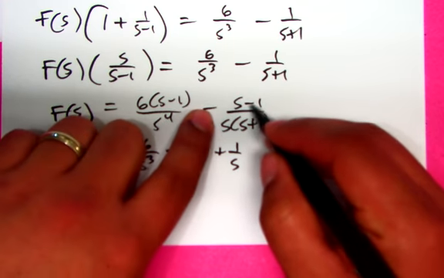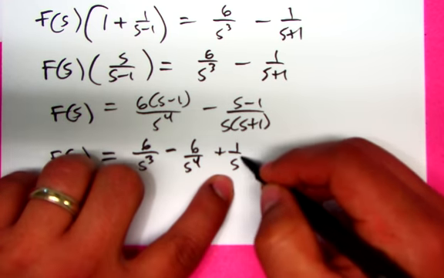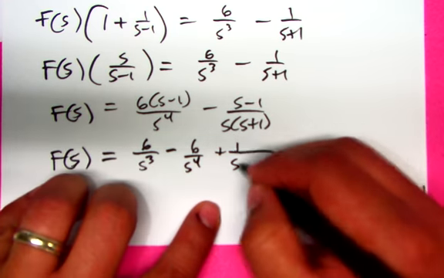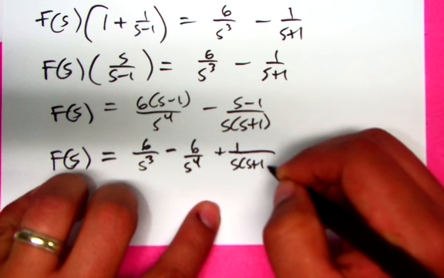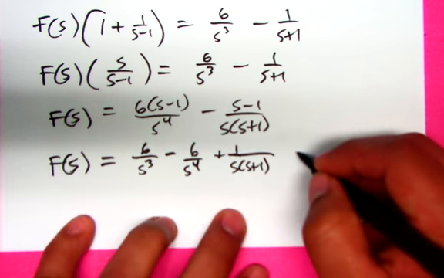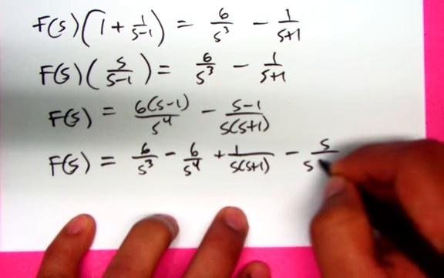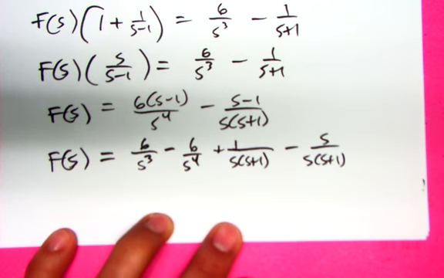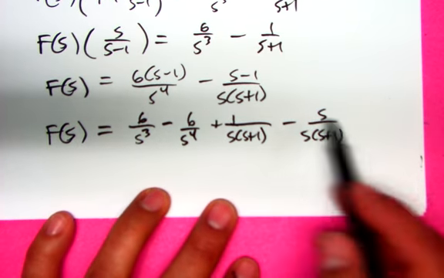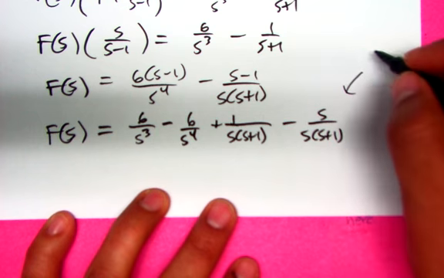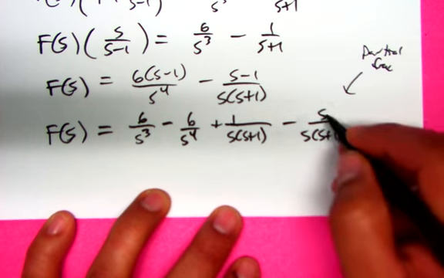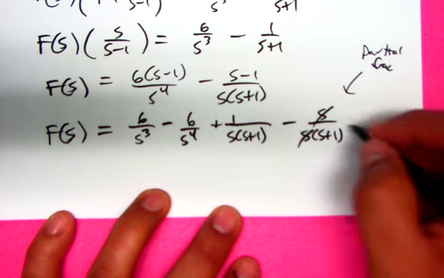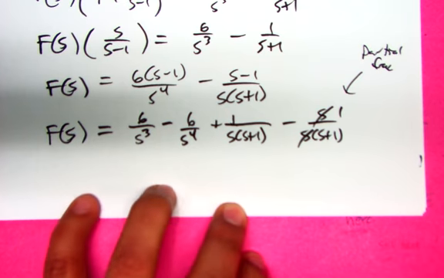The negative and the negative 1 give me a 1 over s plus 1 minus s over s plus 1. Then, if you do the partial fraction decomposition here, which I won't do, oh, we can cancel the s's. That works. So we have 1 over s plus 1 there.